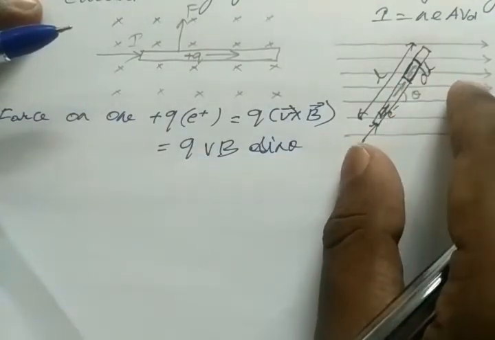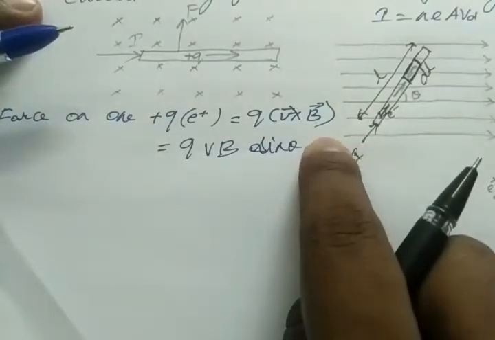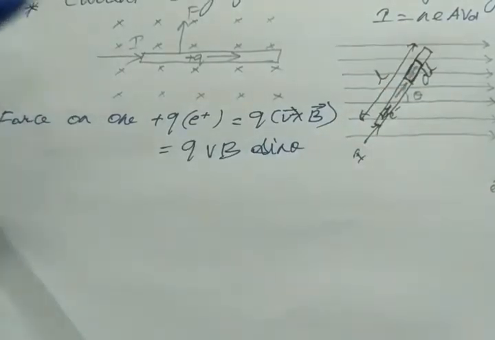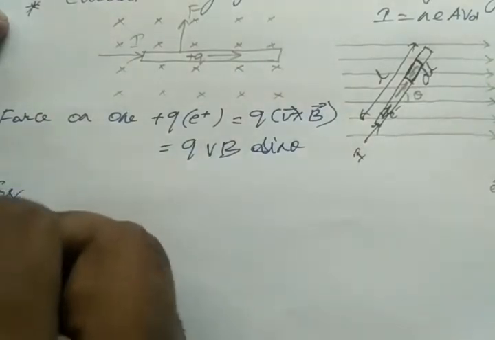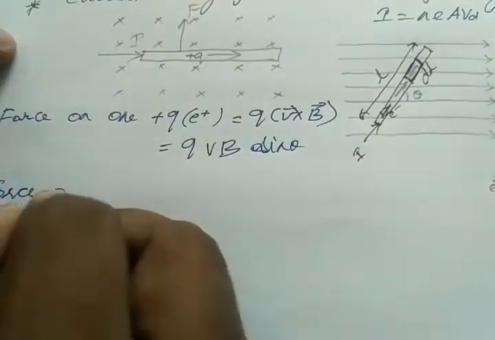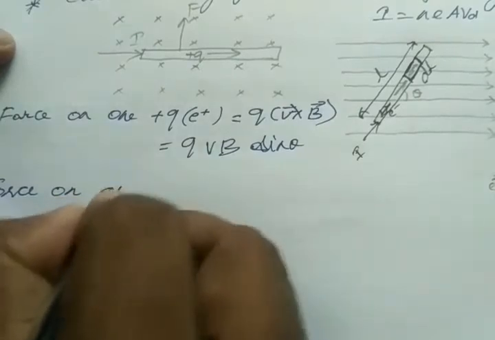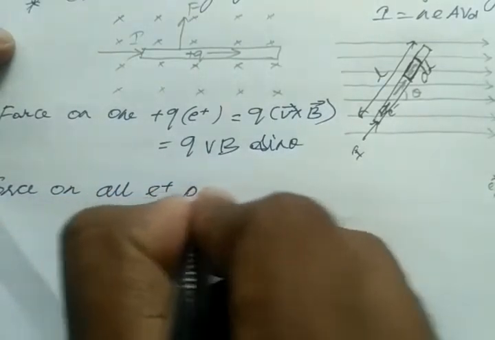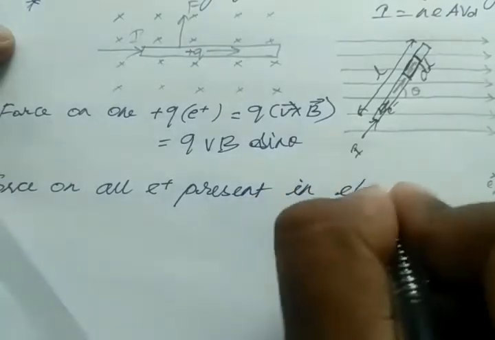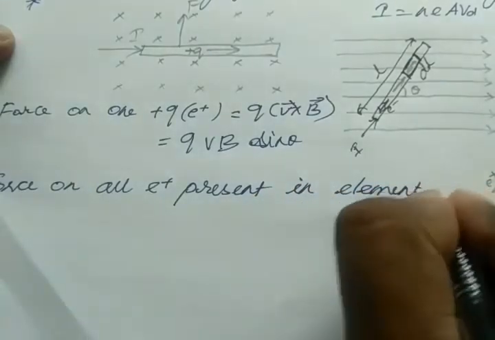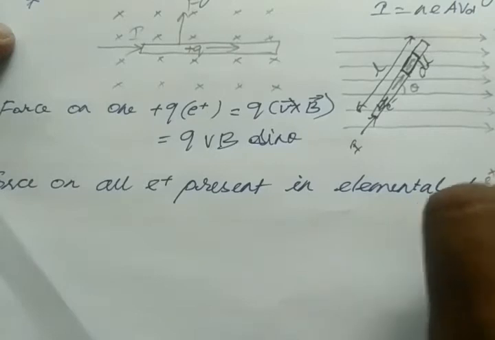Then we do integration, and then we can find the force on all the charges, right? So here, force on all charges present in the elemental length, which means the small length dl.